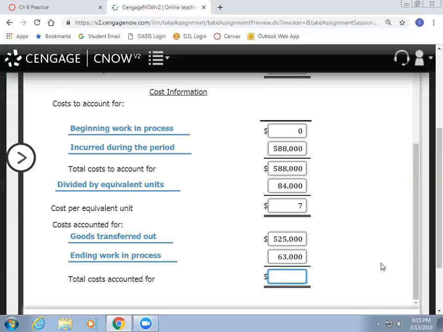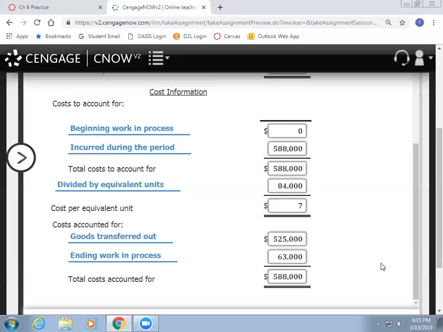And those do add up to $588,000. So that's the production report for the mixing department. Whatever was completed, the $525,000, would go into the next work in process. And then the mixing department would still have $63,000 costs remaining in it.